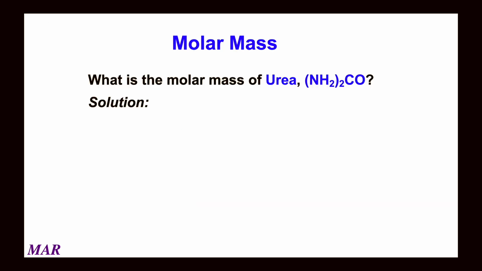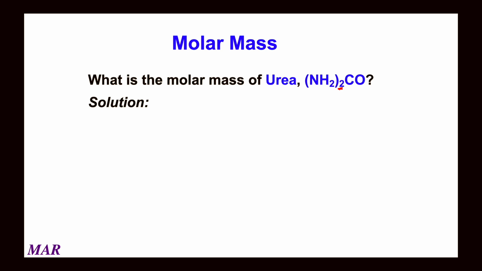Let's figure out the molar mass of urea. Now, urea is NH2 parentheses 2 CO. It's a compound that's used in organic chemistry sometimes. No problem. We're going to need a periodic table. Now, urea has 2 NH2s.